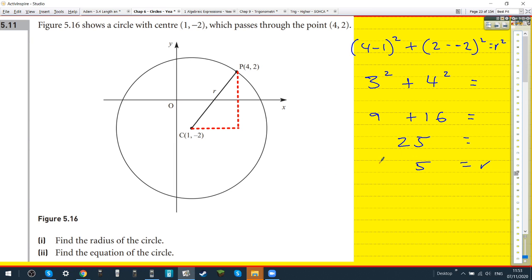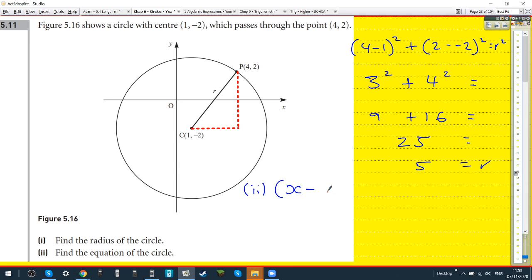And part 2. So the equation would just be x minus a squared. What is a?